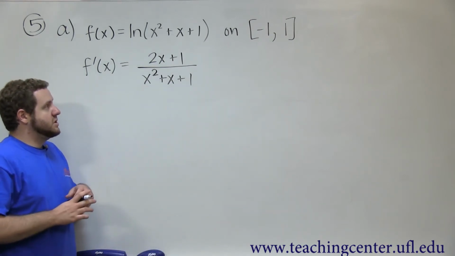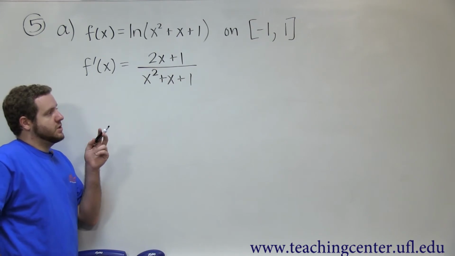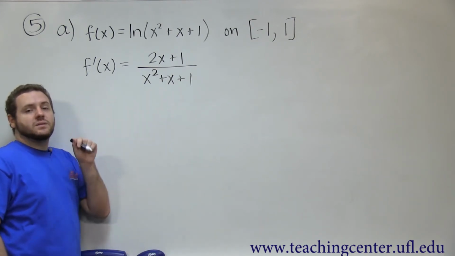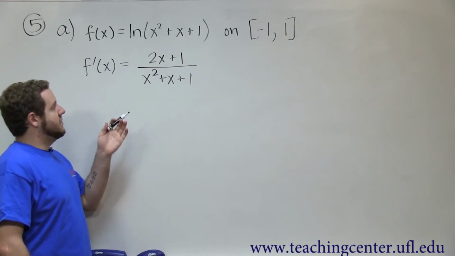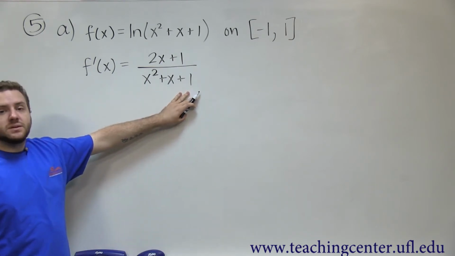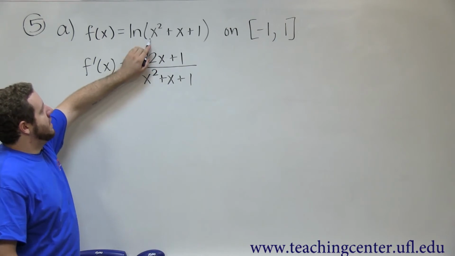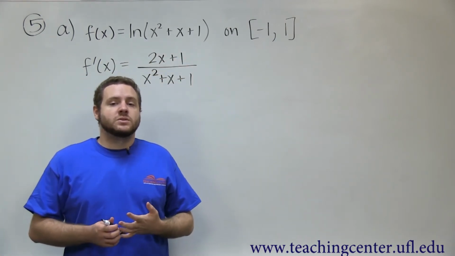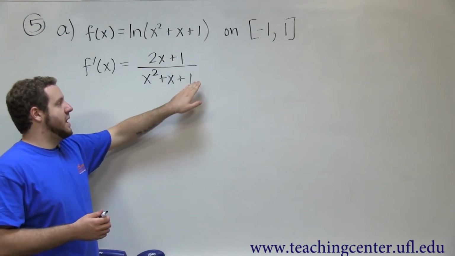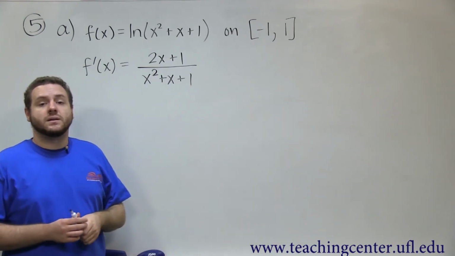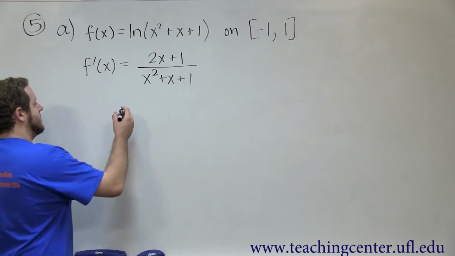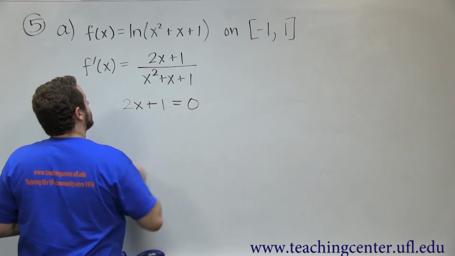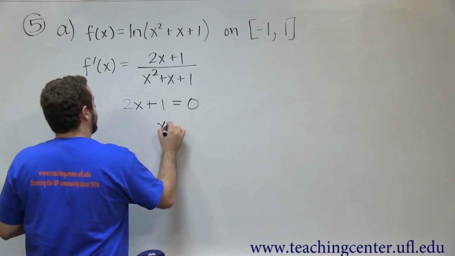This is another example, just like the question in problem 4, where we don't really need to check the denominator, because if this denominator was equal to 0, that would have meant that what was inside the ln is 0, but you can't do ln of 0, that wouldn't be in the domain. So even if this could equal 0, the x value that would give you that is not in your domain, so we don't care. We just set the numerator equal to 0. 2x plus 1 equals 0, which means x is -1/2.